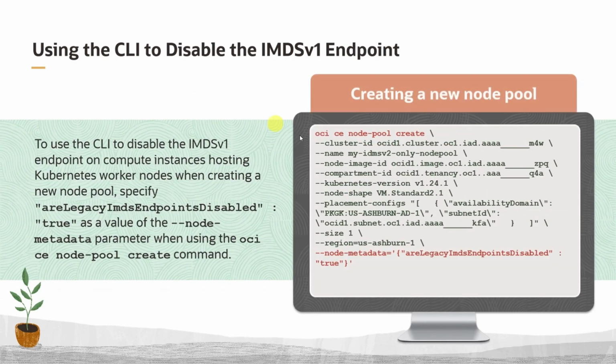To achieve this using the CLI, particularly when creating a new node pool, we employ the OCI CE node pool create command and pay close attention to the node-metadata parameter where we specify our legacy IMDS endpoints disabled with the value true. Executing this command effectively disables the IMDS v1 endpoint, contributing to an enhanced security posture for our Kubernetes worker nodes.